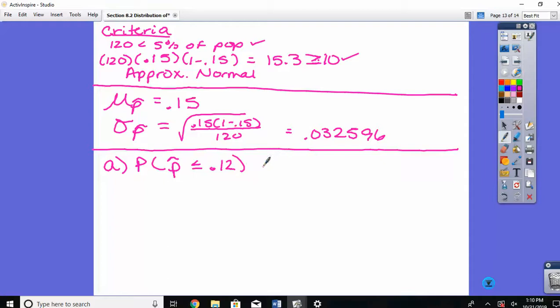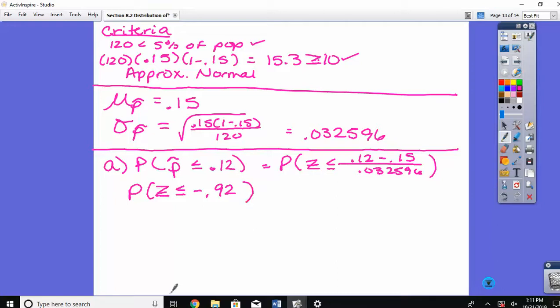So, less than or equal to, that's what my table tells me. So if I look up negative 0.92, 0.177 or 0.178.